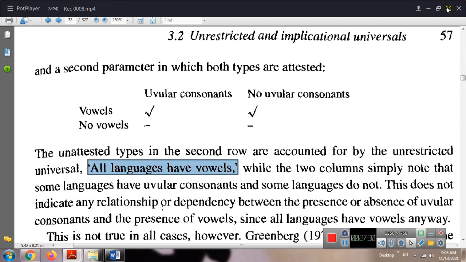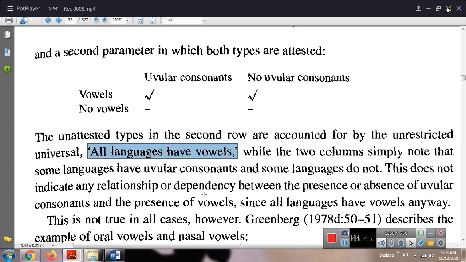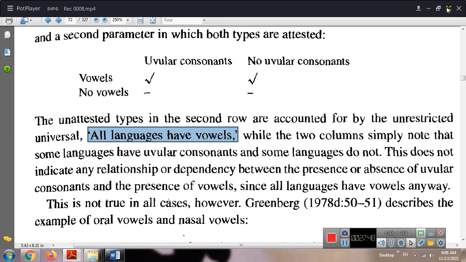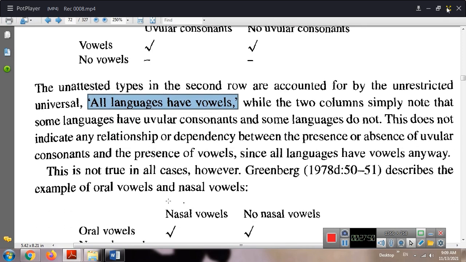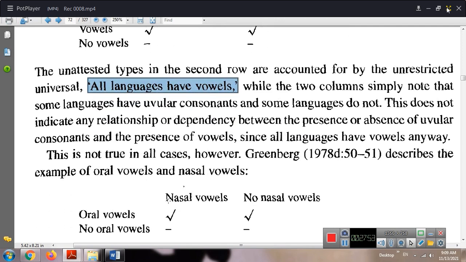This doesn't indicate any relationship or dependency between the presence or absence of uvular consonants and the presence of vowels, since all languages have vowels anyway. Therefore, this shows the unrestricted universal. This is not true in all cases.